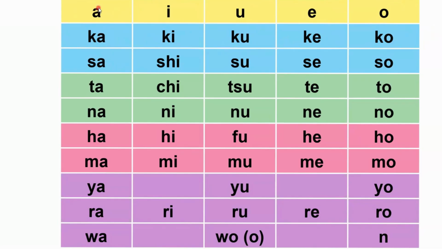Similarly, if you see, this column ends in A, this column ends in I, this column ends in U, this column ends in E, and this column ends in O. They're just combining with the vowels. Apart from a few exceptions, the sounds will only end in A, I, U, E, O. The only exception is the last line, which is a special line containing Wa, O and N.